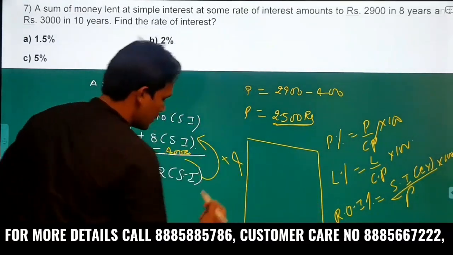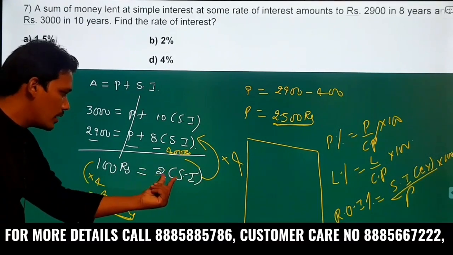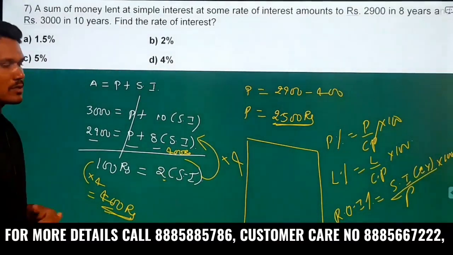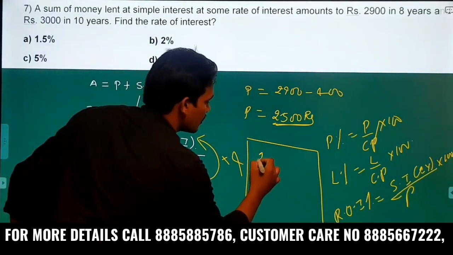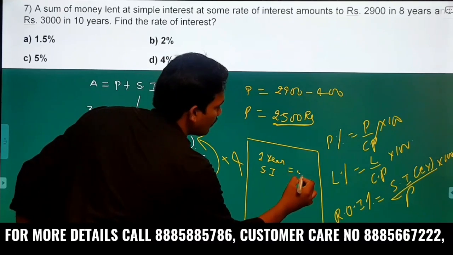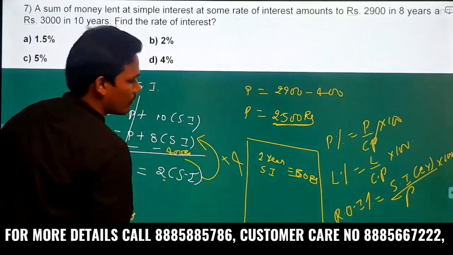Here we got a simple interest. 2 years simple interest is how much? 100. Then 1 year simple interest will become how much? 50 rupees. Now we need to find the rate of interest.